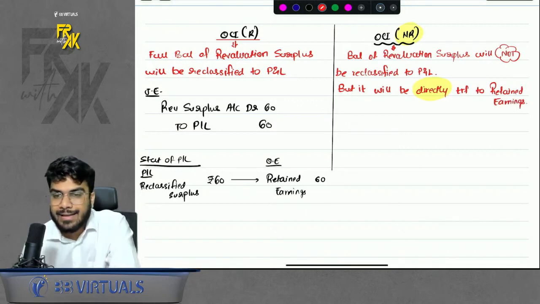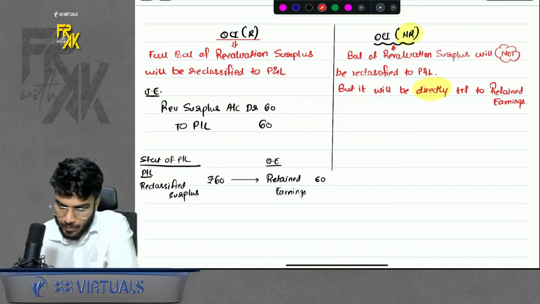It will be directly transferred to retained earnings, right?